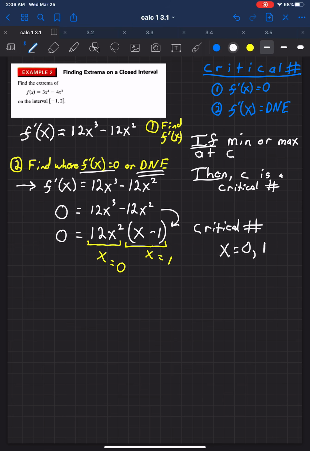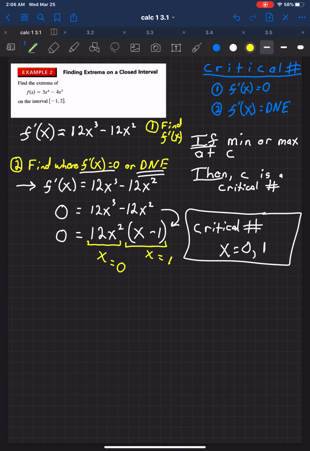So in other words, the derivative equals 0 at 0 and 1, but the derivative never does not exist, right? It exists throughout the entirety of its domain. So that's step 2, was to find these critical numbers.